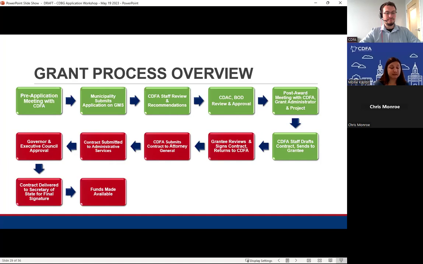That takes an additional few months after the Community Development Advisory Committee approval for all of that administrative process to occur. So overall, it's important when thinking through your project timeline to consider that the funding, if awarded, generally is not available until about 6 months from when you submit your CDBG application. It takes about that long for the review and approval process to occur.